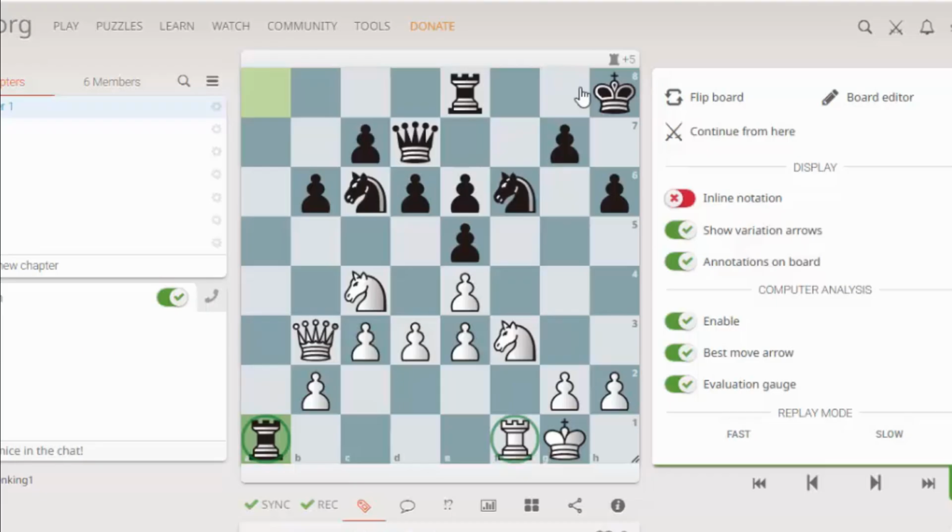If you are capturing from f1 to a1, then you write the capturing piece first. So it is Rf1, then x, which means you are capturing, and the piece which is present at a1. Or you can just write a1 also. So that is Rf1 x a1.